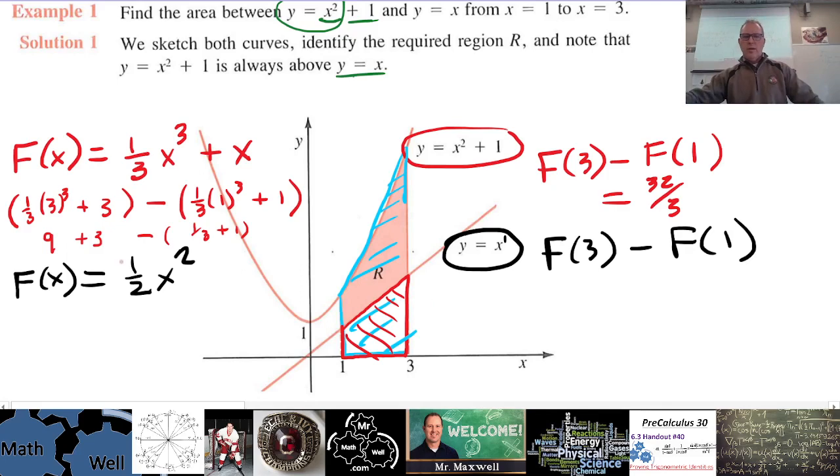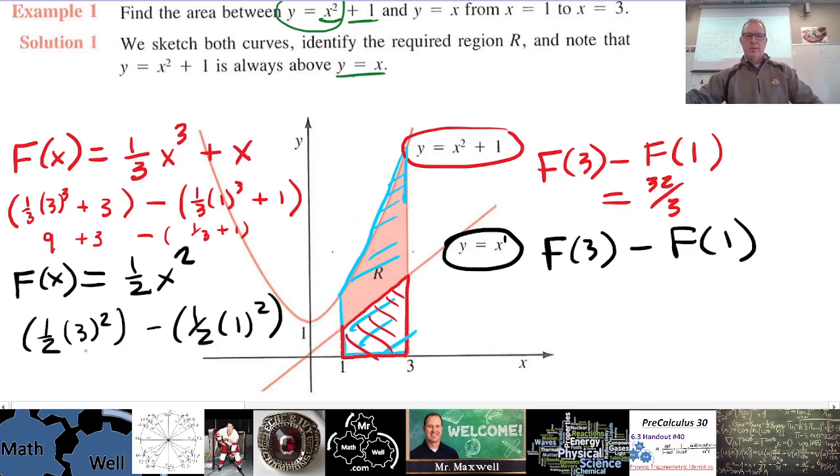Okay, so now what we do here for the black one is I'm going to go 1/2 of 3 squared. There's just one term there, so that's nice. Minus 1/2 of 1 squared, which is 9/2 minus 1/2, or 8/2, or 4.